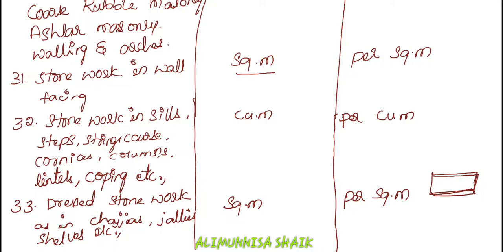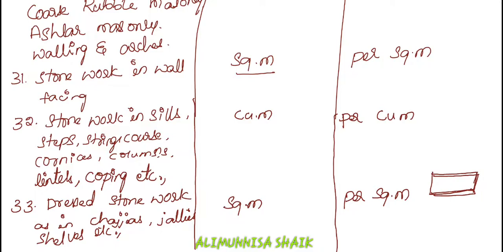When it comes to your mode of measurement, each stone shall be measured as the smallest rectangular block from which finished dressed stone can be worked. So, I will be repeating it again. The mode of measurement is each stone shall be measured as the smallest rectangular block from which finished dressed stone can be worked. This is about mode of measurement.